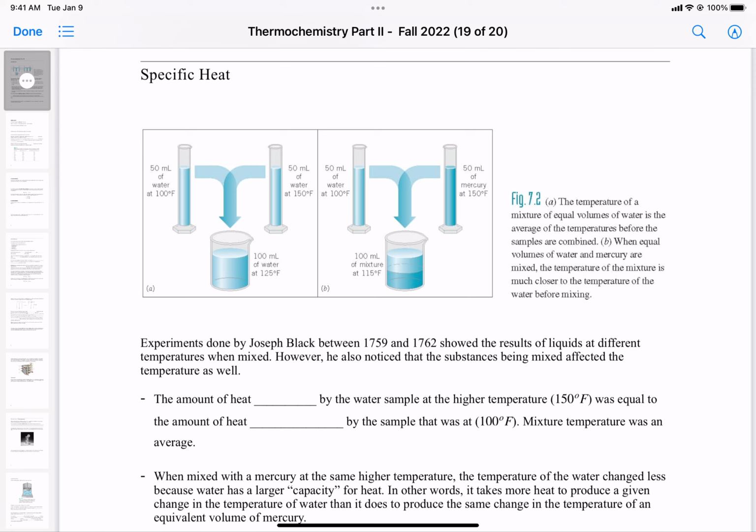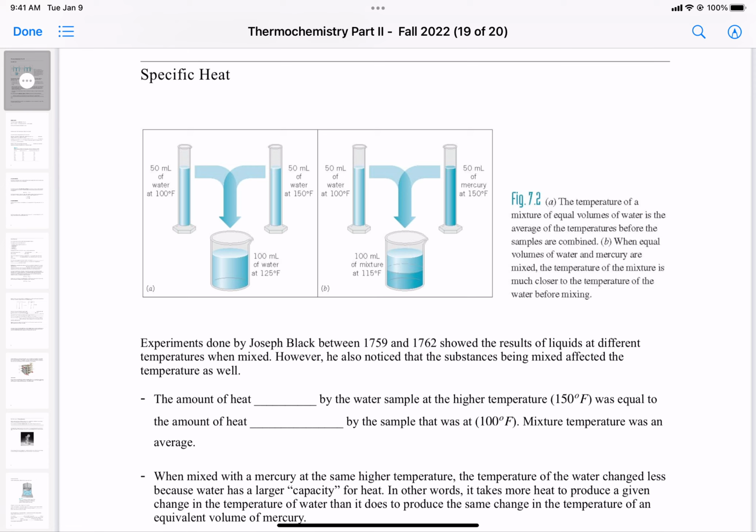As you see in this picture, when we combine the two temperatures at 150 degrees and 100 degrees Fahrenheit, eventually the temperature of the water is right in the middle.